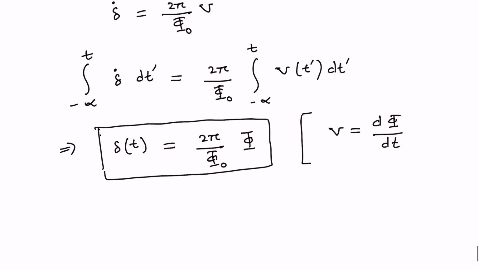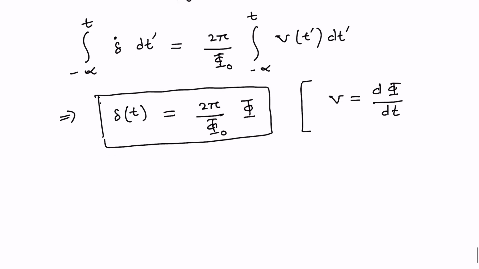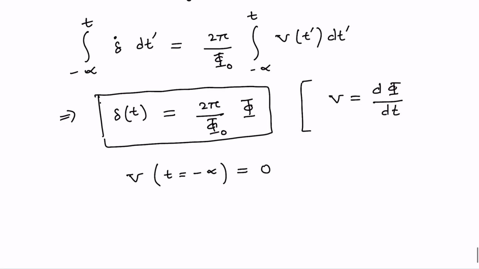Okay, so this is an important expression. Here you see this superconducting phase difference we are now expressing in terms of magnetic flux, and while we have done it, we have assumed that initially at time t equal to minus infinity the voltage is equal to 0, that means there is no potential difference between the two electrodes.